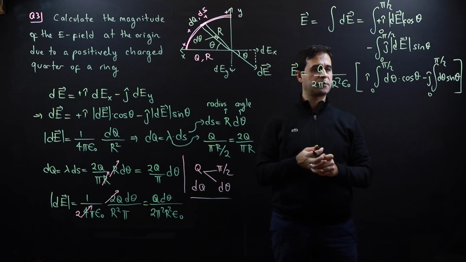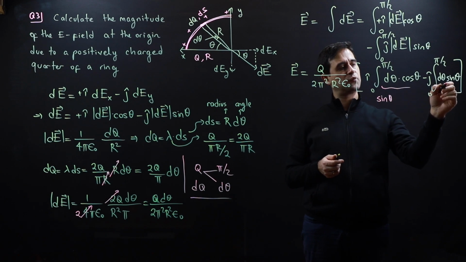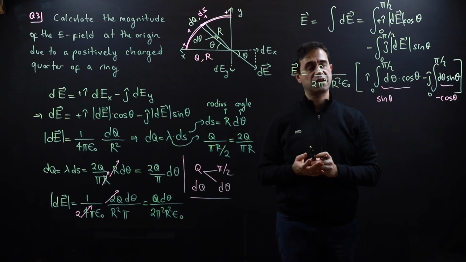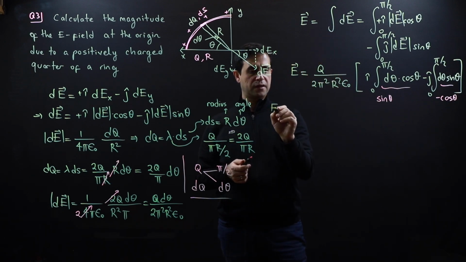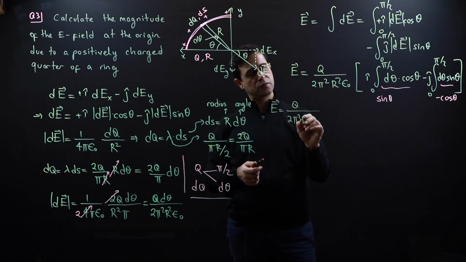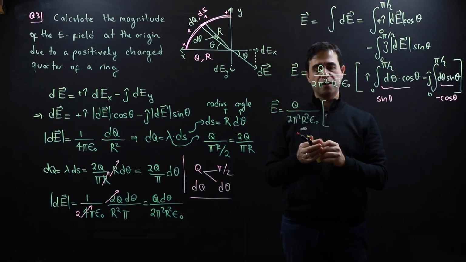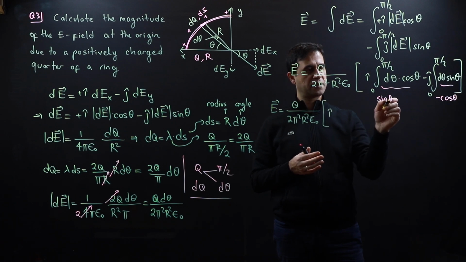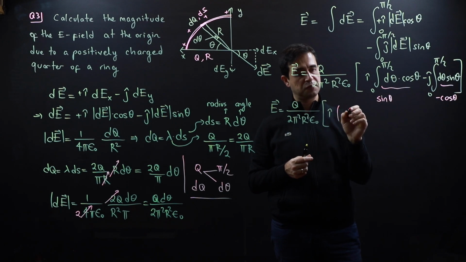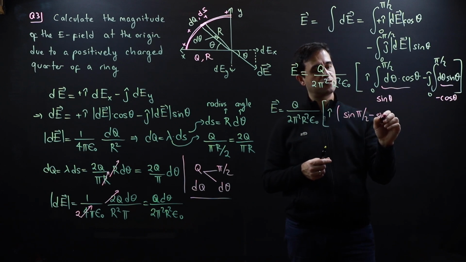Okay, so both of these integrals are quite simple. This integral is sine of the angle theta, and this one is minus cosine of the angle theta. And this minus and that minus are going to cancel each other nicely. And the electric field will be equal to q divided by 2 pi squared r squared epsilon 0. Now, I had sine theta, you put the upper one and the lower one and subtract one from the other. So I'm going to use the other one just for fun: sine of the upper one minus the lower range, which is sine 0.